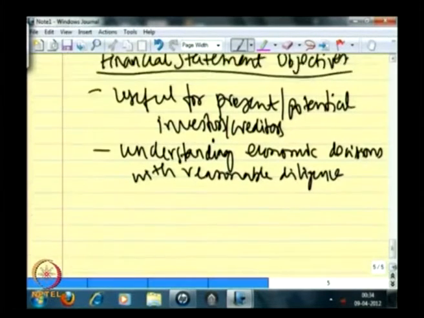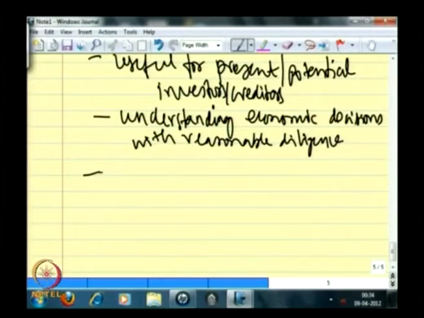So, if you try to understand the rationale, the thought process behind certain economic decision making, with a reasonable amount of diligence, you can look at the financial statements, and then as an investor or a creditor or as a manager also, you would say yes, this decision was taken because we felt that at this profitability or at this capital structure or at this current asset management strategy we would be able to achieve target X, target Y, target Z.